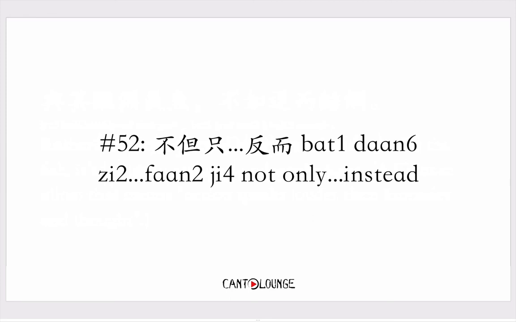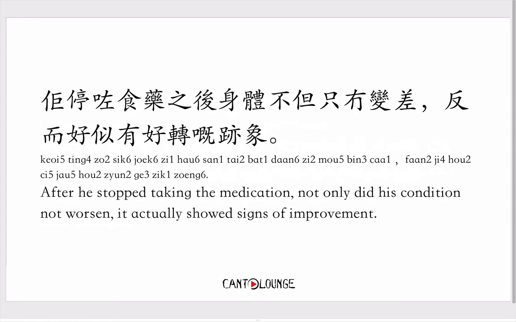But moving on, 52, 不但止 blah blah blah 反而, not only, instead. He actually did something even better or even worse, right? So, like for example, this is like a self-explaining example.